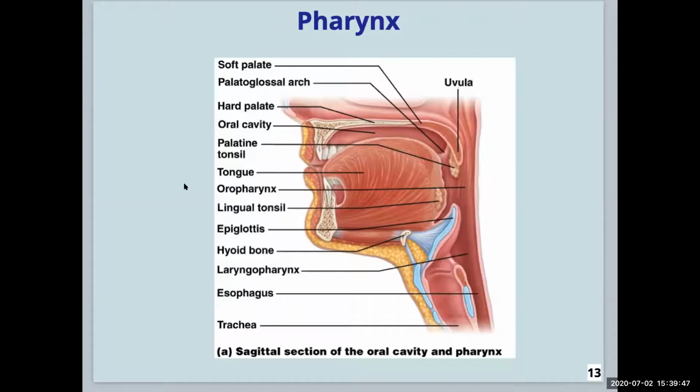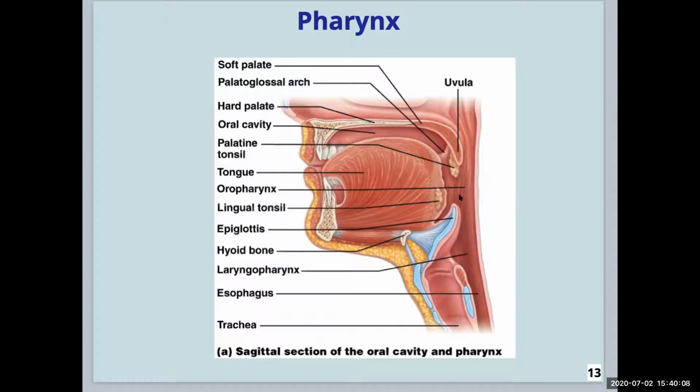Now your pharynx, we've discussed this part already, but your pharynx is divided into 3 segments: the nasopharynx, oropharynx, and laryngopharynx. Of the 3, only the oropharynx and laryngopharynx are a common passageway for the digestive tract as well as the respiratory tract.